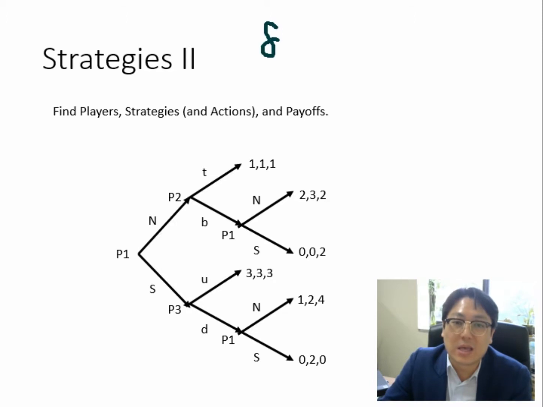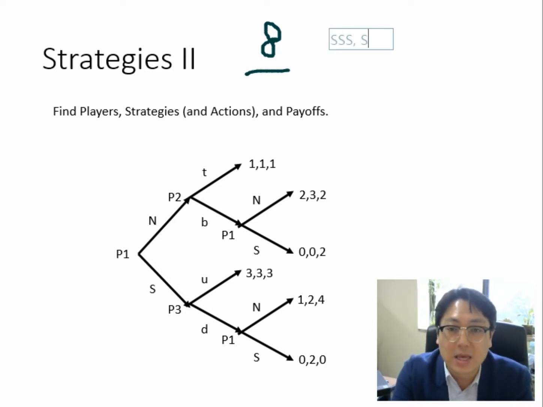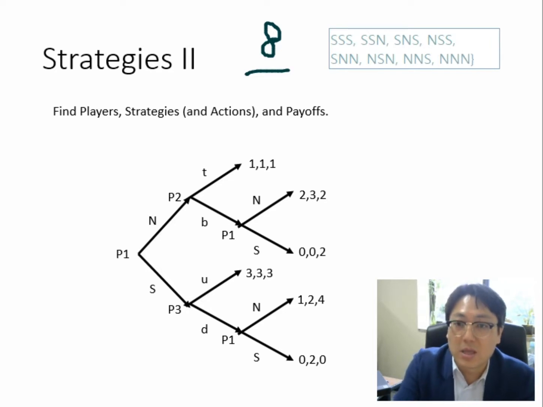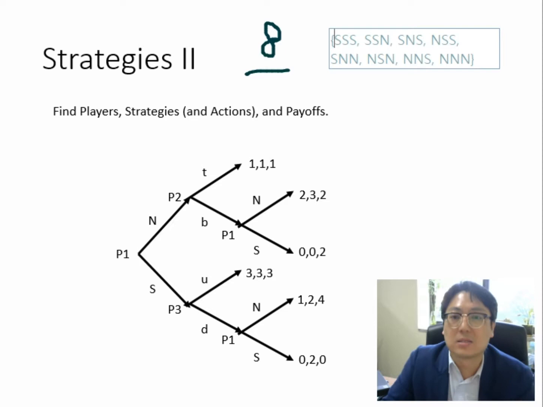Actually, it's 8. Why? If I write very briefly, for example, SSS, SSN, SNS, NSS, SNN, NSN, NNS, and NNN. Right? There are 8 kinds.